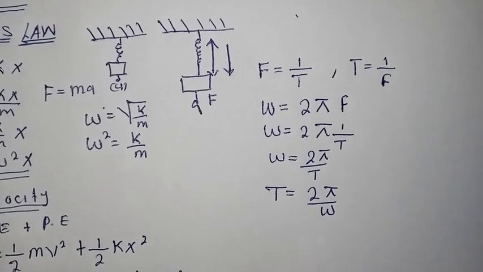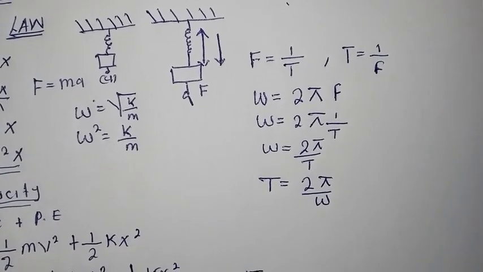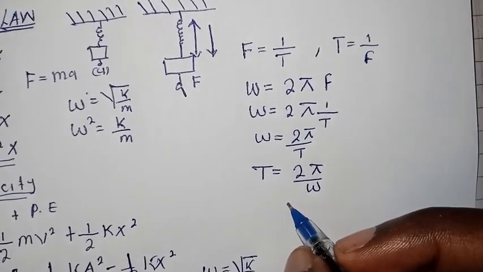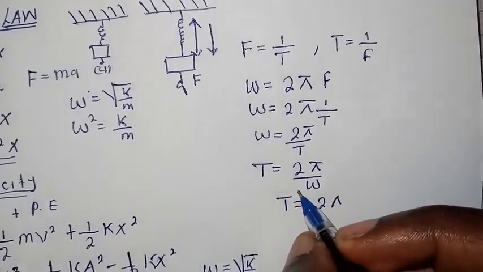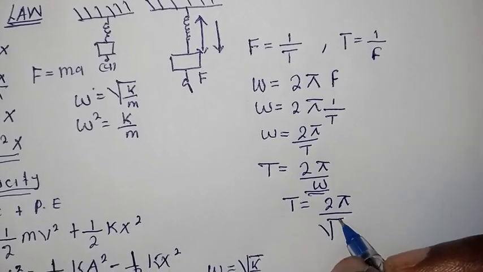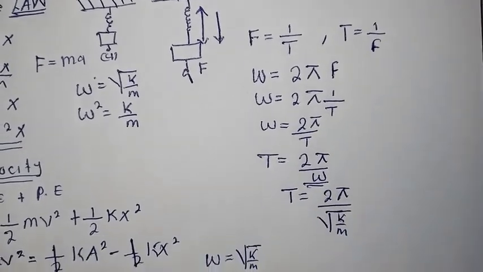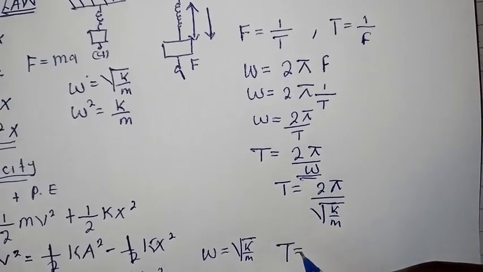Okay? You can use this formula. Remember that omega is simply the square root of k over m.